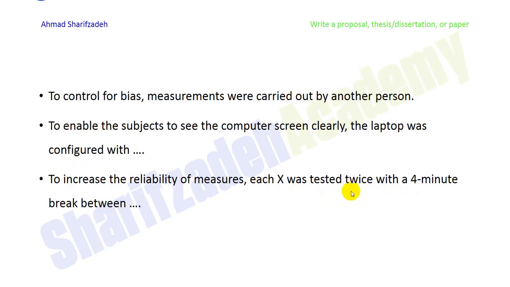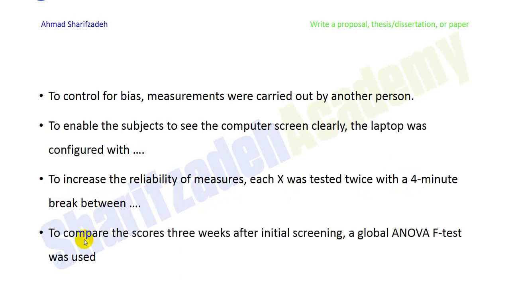This means that we repeated one test two times, and between the two a 40-minute break was given, so that we can increase the reliability of measures. To compare the scores 3 weeks after initial screening, a global ANOVA F test was used. As you see here, you can use some cliches.